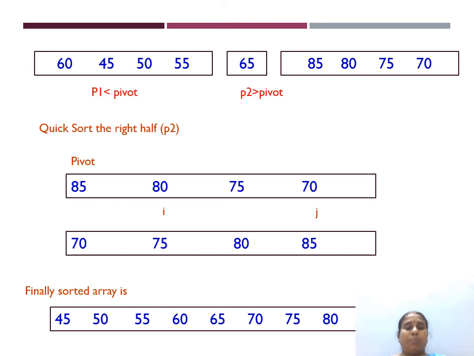The pivot will be moved to the middle, and a of j will be moved to the first position, as the pivot is in the first position. Thereby we are getting two subarrays, subarray 1 and subarray 2. Each subarray will be solved separately with a recursive procedure, and finally we are getting the sorted elements in ascending order.